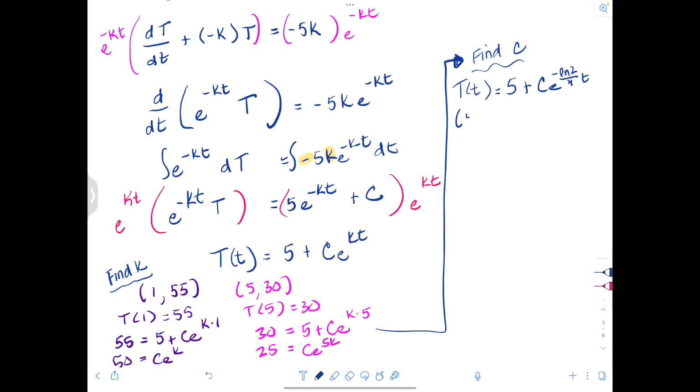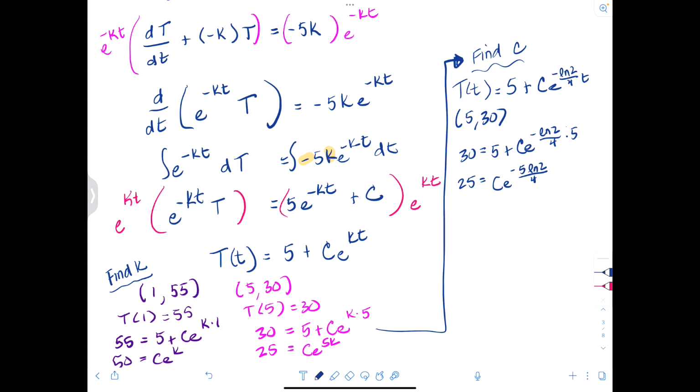So I'll use the ordered pair (5, 30) to find C. So 30 equals 5 plus Ce to the negative natural log of 2 over 4 times 5. 25 will be Ce to the negative 5 natural log of 2 over 4.